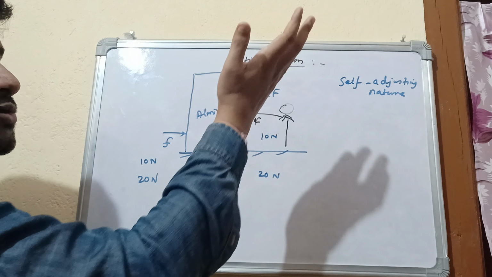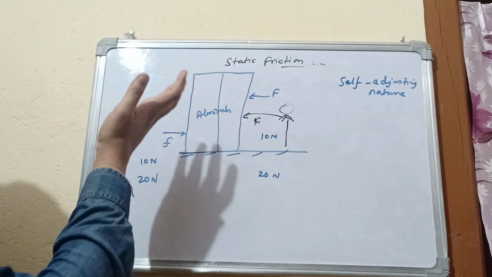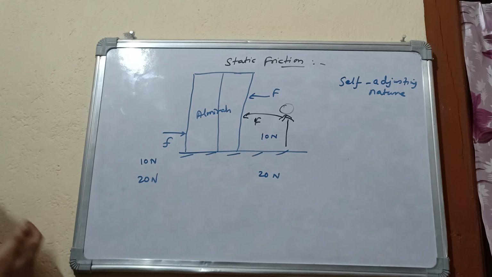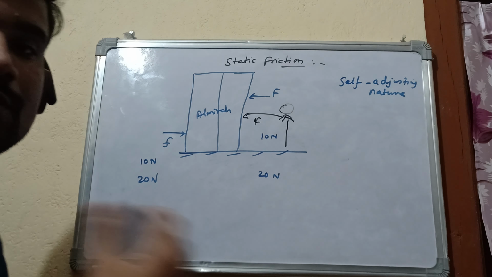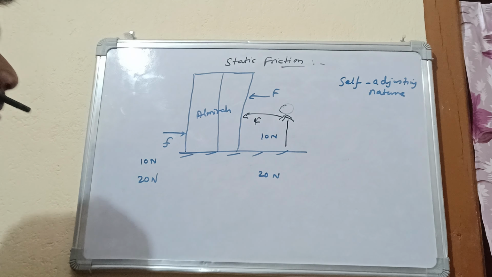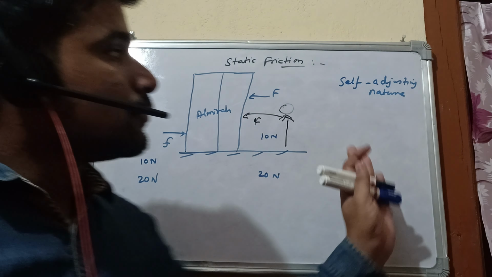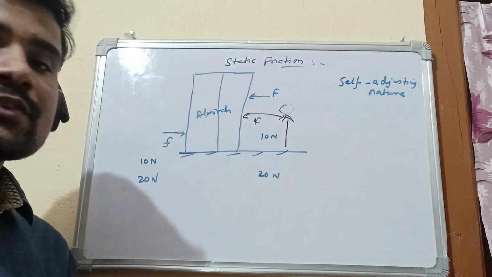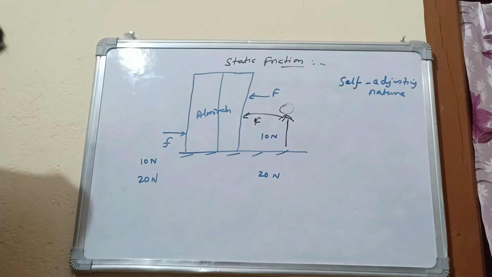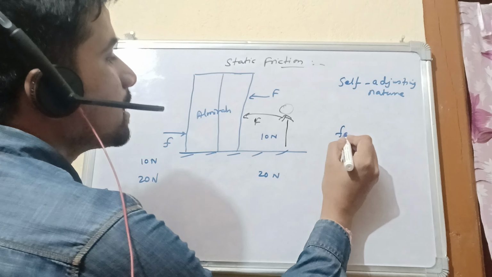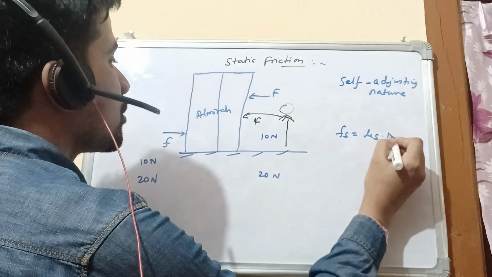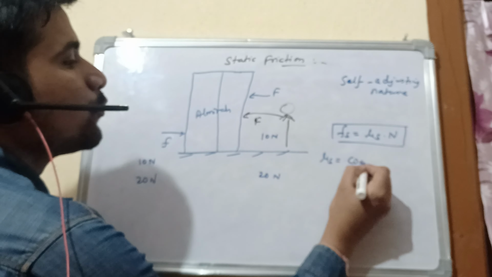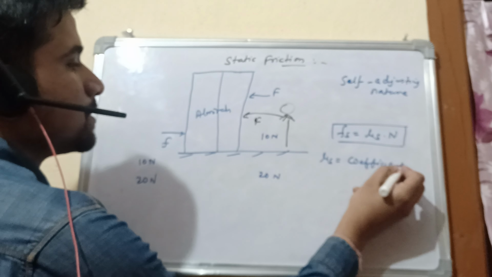If the force goes to the max value of static friction, it also goes to the max value of static friction. After that, this boy will be able to move this almirah, and then kinetic friction will come into effect. We understood that static friction has a self-adjusting nature. But what is the max value of static friction? The max value of static friction is given by mu s times the normal reaction, where mu s is the coefficient of static friction.